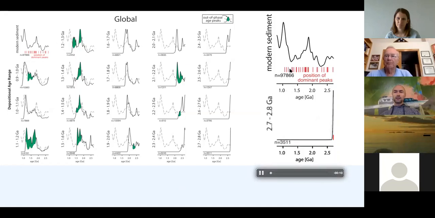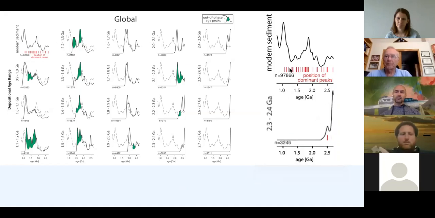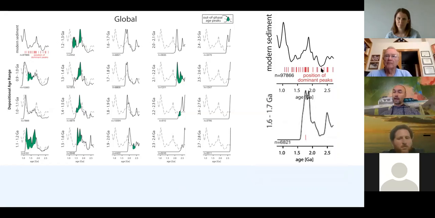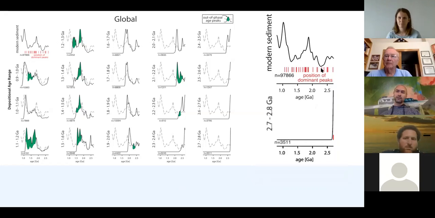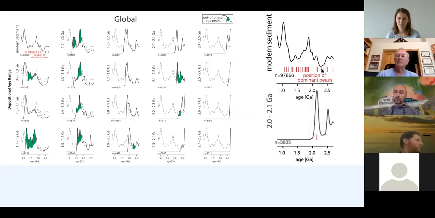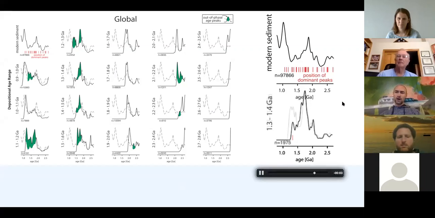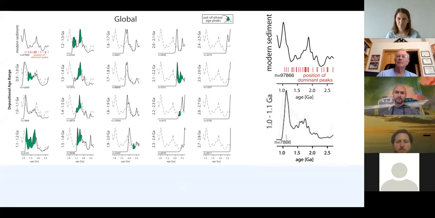And you can see that there are dominant age peaks in these intervals where you have a trough in the modern sediment. So there was clearly zircon being formed during this time, even though it is represented as a trough in the modern detrital zircon record.